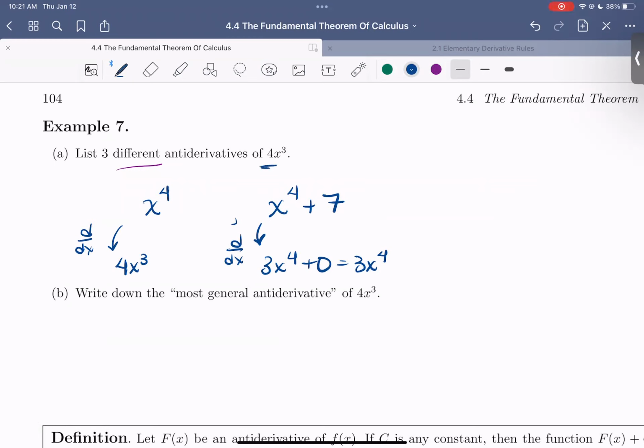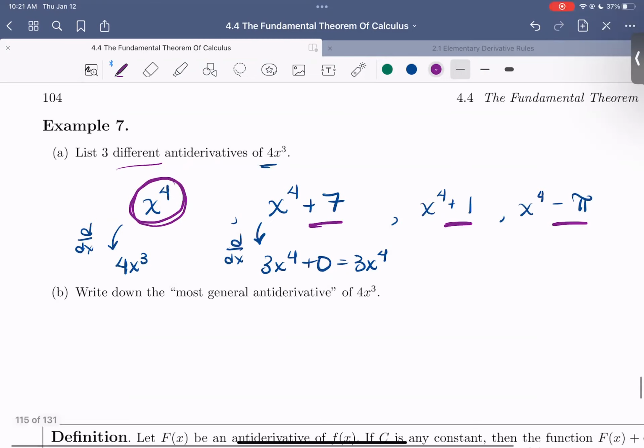What else could I put here? Could have x to the 4th plus 1. I could have x to the 4th minus pi. So what are some patterns that we're seeing here in these different antiderivatives? Well, we know that this piece of our antiderivative is really important. But then I can add whatever constant I want, and I will still have an antiderivative.